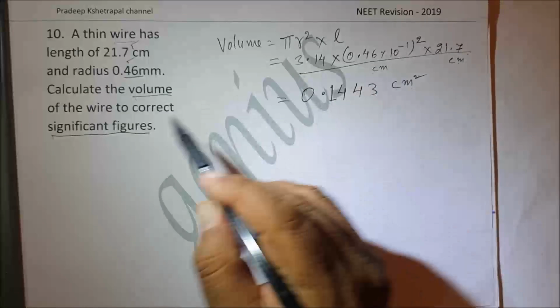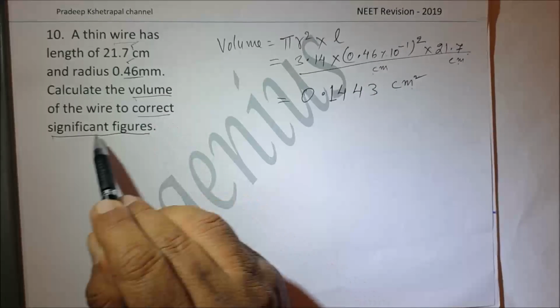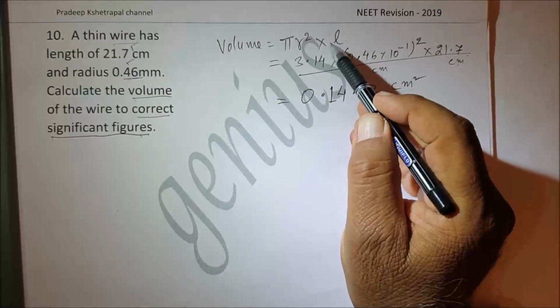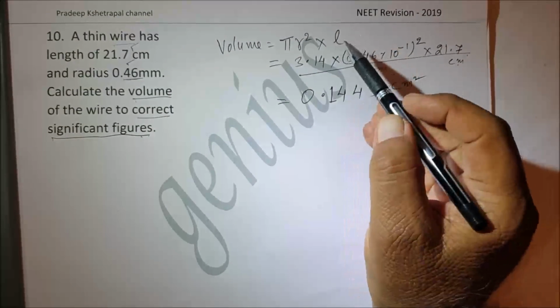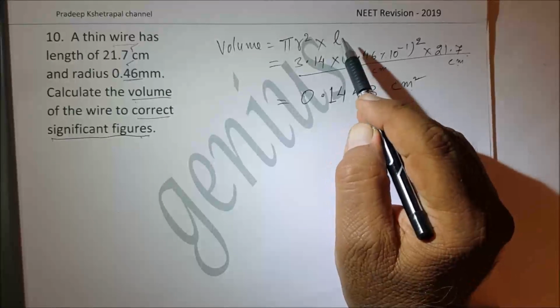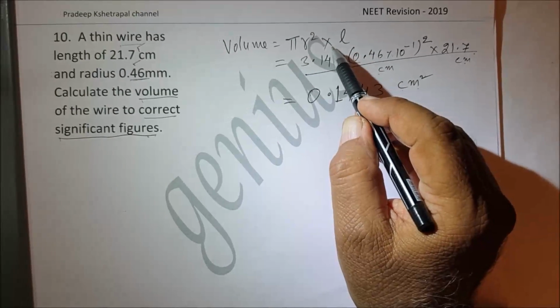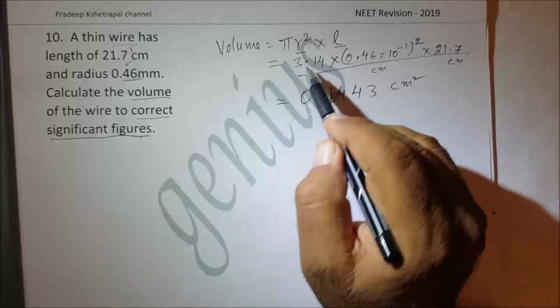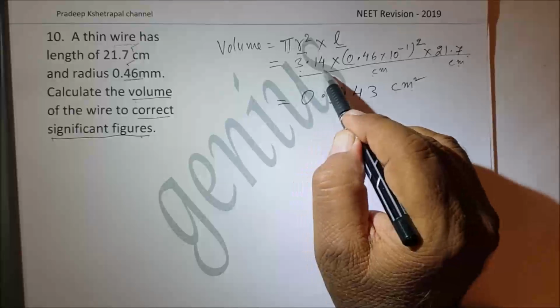But now we have to find out the correct significant figures. This is an operation of multiplication. So we see how many significant figures were there in the given measurable quantities, that is R and L. We will not count pi because it is a constant.